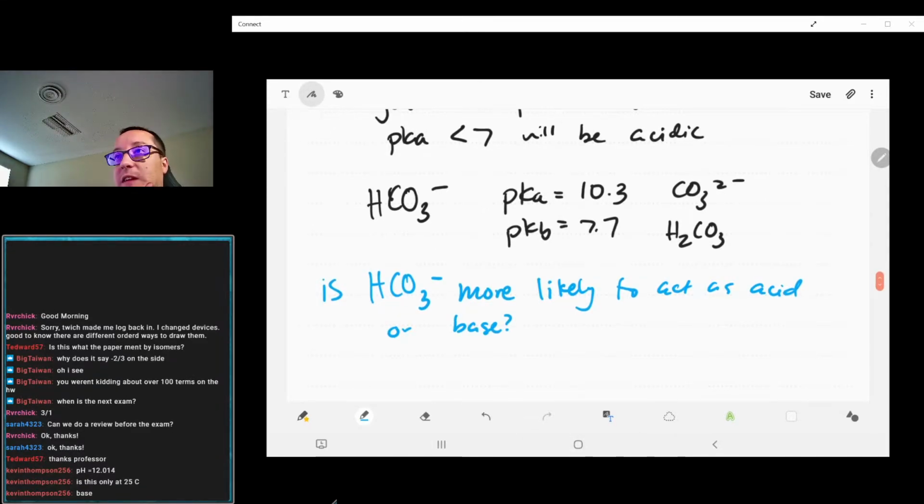Yeah, so it's definitely going to be more likely to act as a base. We can see that because its pKb value is lower. So it's going to be a base as a result.